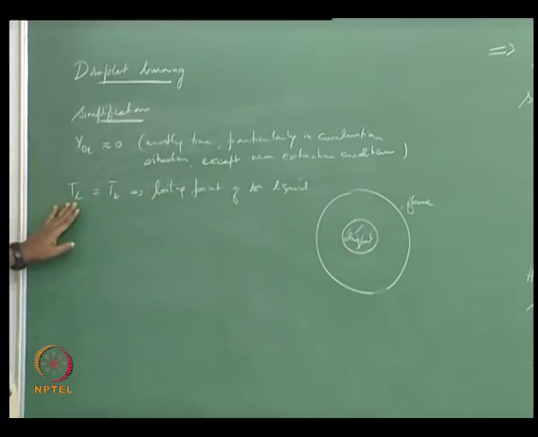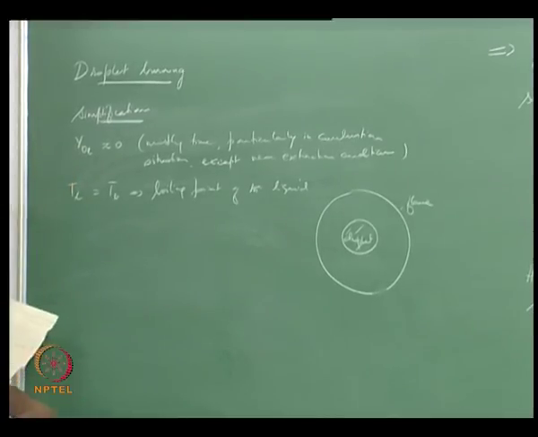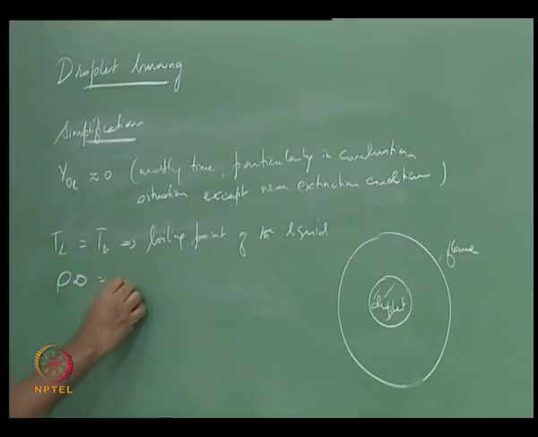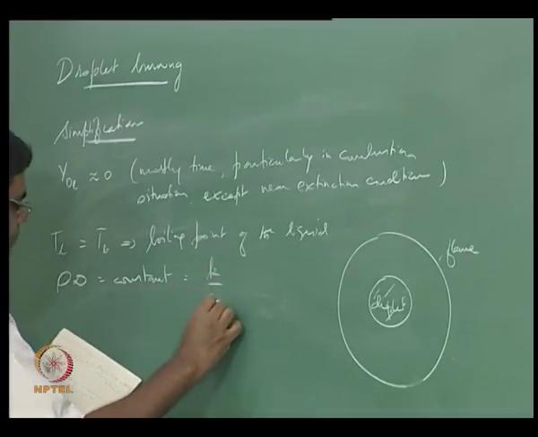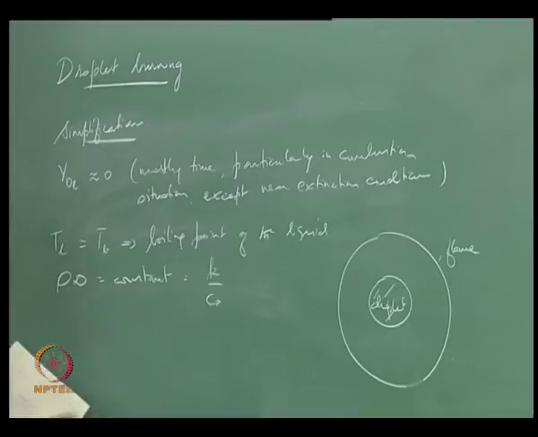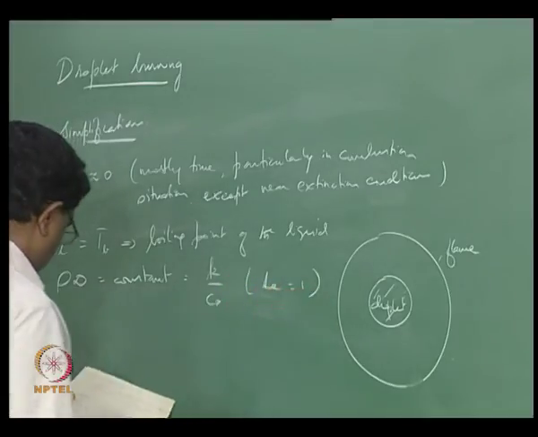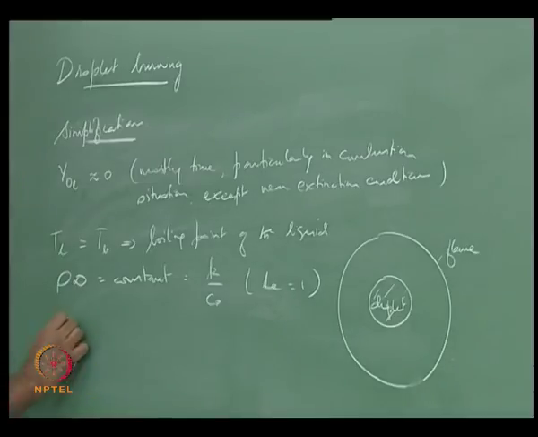We'll simply say T_L, the droplet temperature, is going to be the same as the boiling point, and let us assume that rho D is a constant, which is equal to k divided by Cp, because Lewis number L equal to 1, and suppose Cp_i equals constant equals Cp. All Cp's are the same and it's constant, right.